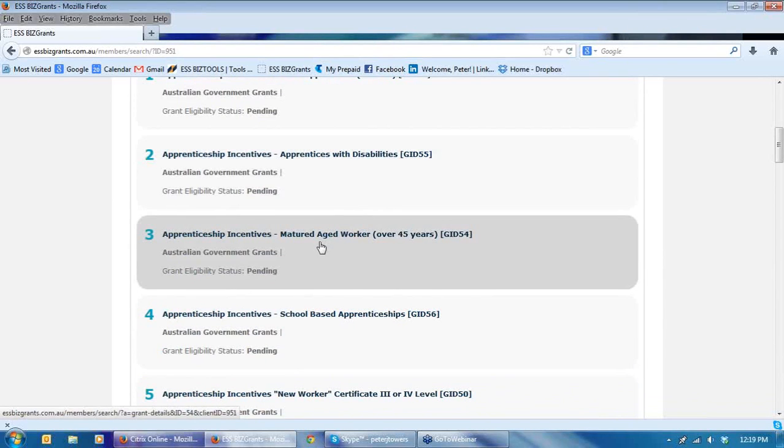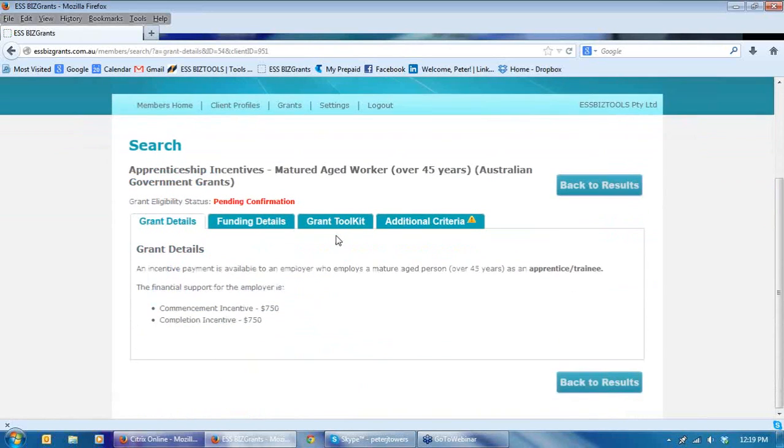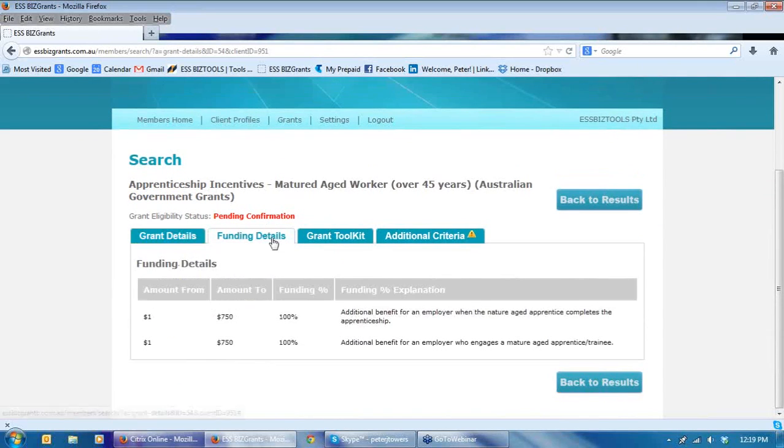So if we said, okay, we're interested in a mature age worker, you'd click onto it, and what you then get is a profile as to how the mature aged worker grants work. The funding details are there.